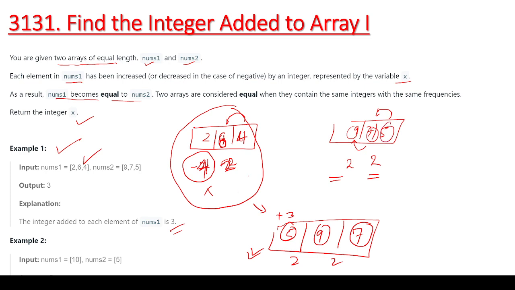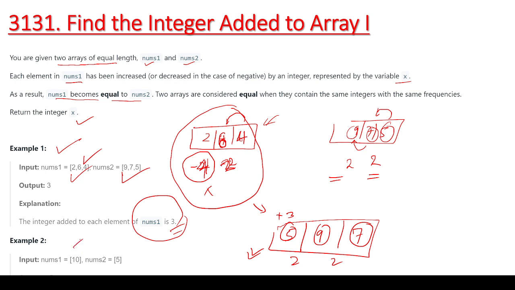Similarly, we can add such elements to either of the arrays and make them equal. The same frequency, but the main thing is that both arrays should have the same elements. So all the elements in nums2 are now available in nums1 by adding 3, as you can see in the explanation.